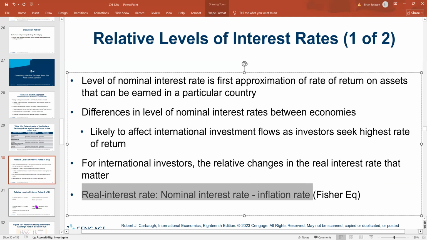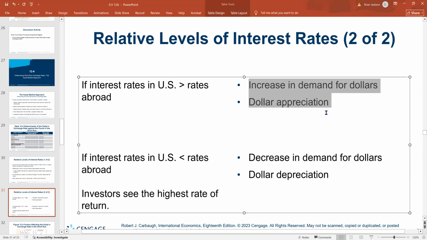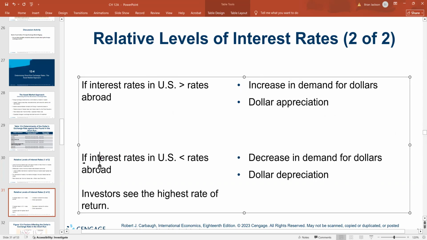So again, we're kind of repeating ourselves here, but that's what investors really care about. So if interest rates rise in the U.S. or they're greater than interest rates abroad, expect there to be an increase in demand for dollars or an appreciation in the dollar. If interest rates in the U.S. are lower than abroad, then there'll be a decreased demand for dollars and corresponding dollar depreciation.